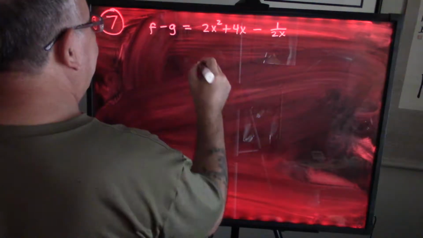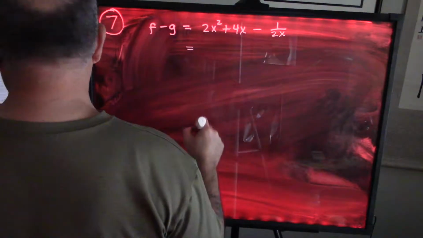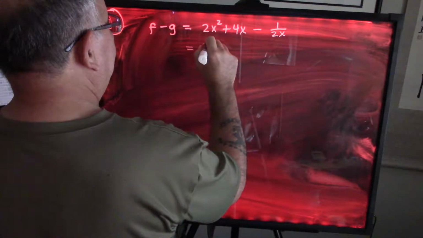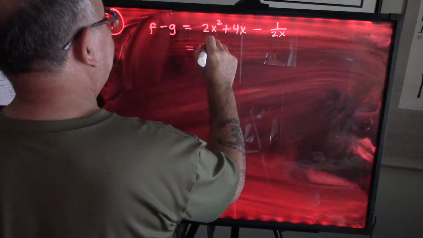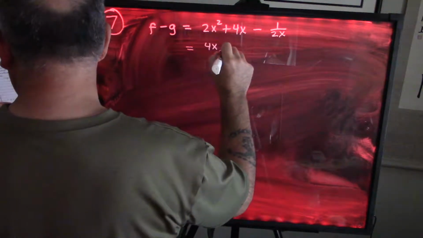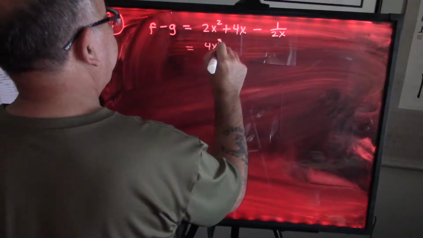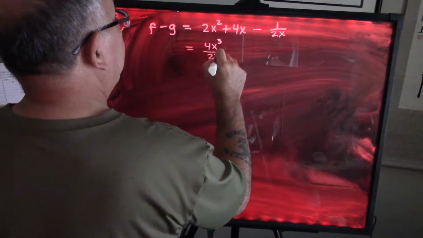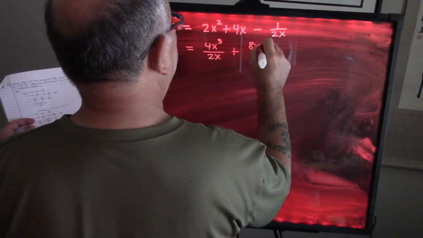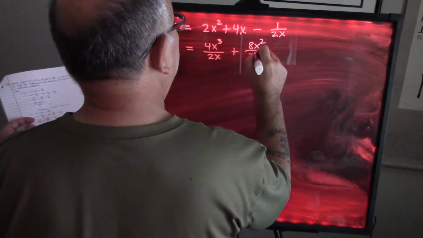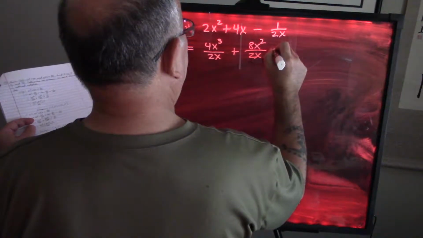If you remember from the previous example we did, using common denominators, we get 4x cubed over 2x plus 8x squared over 2x minus 1 over 2x.